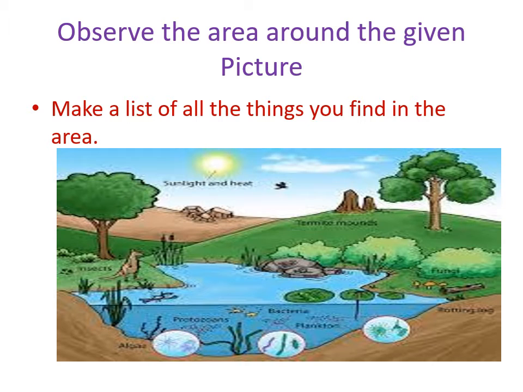As you can see in this picture, a beautiful scenery. Let us name the things that we can see in this picture. Here is the sun shining in the sky, trees around, termite mounds, then the small bushes around, and a small lake.